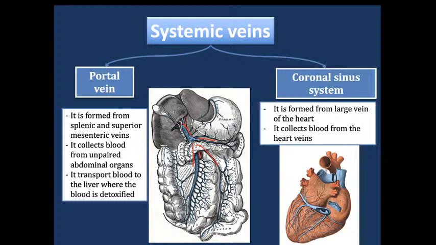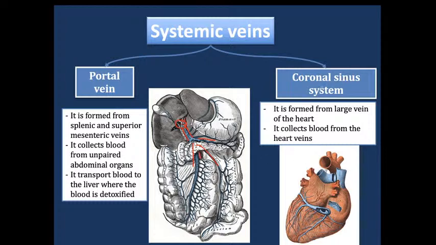Here is the big and very well known portal vein. It comes into the porta hepatis. This is the gap on the lower surface, or visceral surface, of the liver.